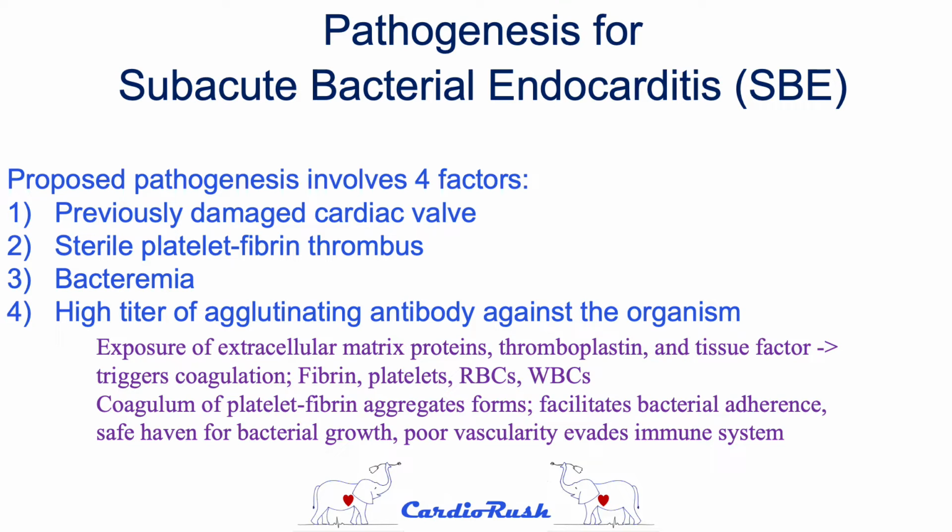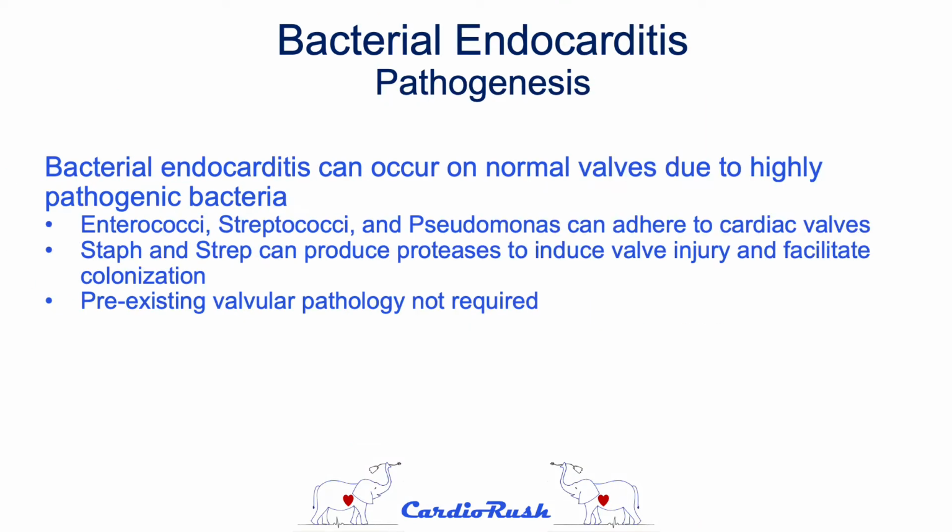The animal then experiences bacteremia, and especially if there's a high titer of agglutinating antibody against the organism, this can set up the situation for ideal development of bacterial endocarditis. This does not have to happen in all situations, but it's one of the proposed mechanisms.